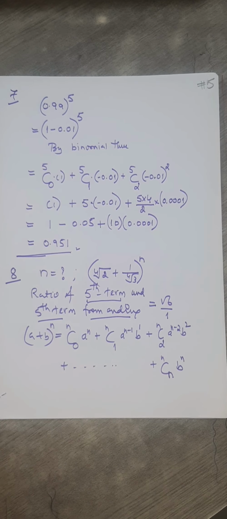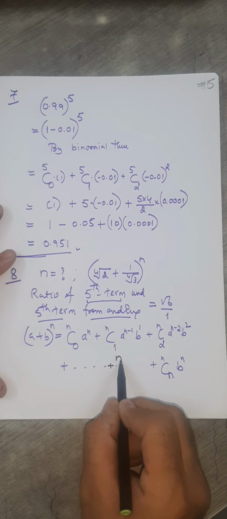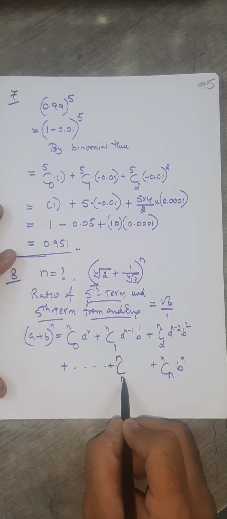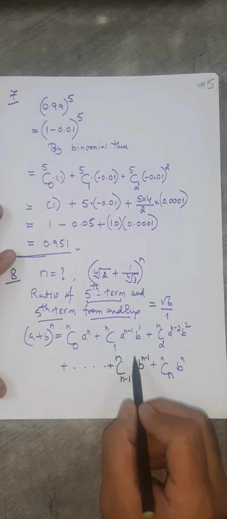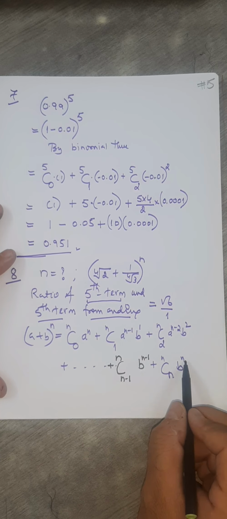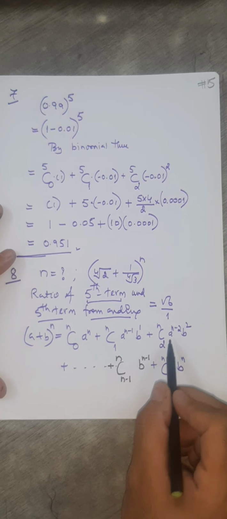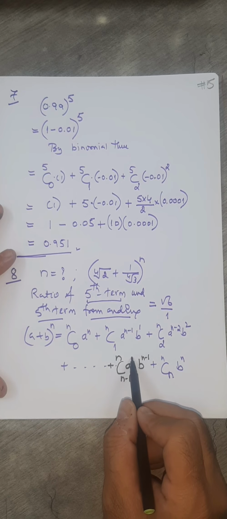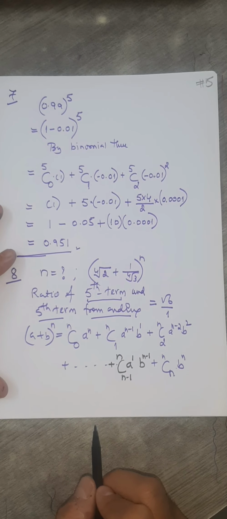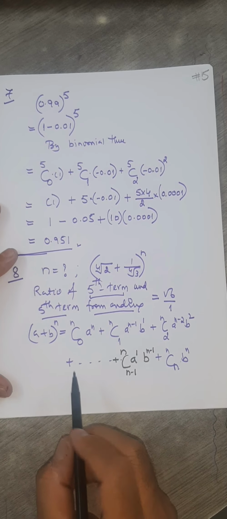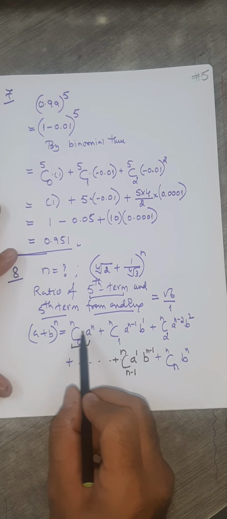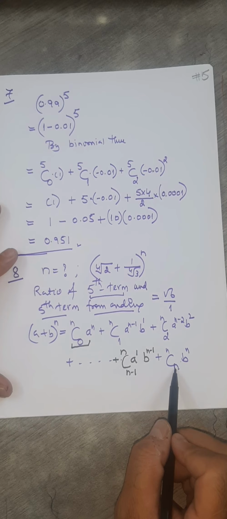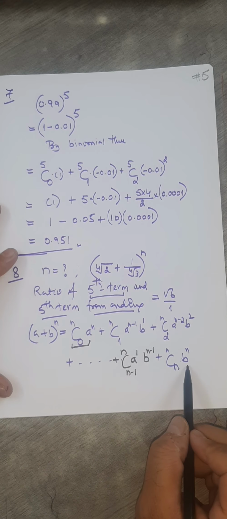Let me write the second last term here. If I write the second last term, ncn minus 1. Here power of b will be n minus 1. Power increases n minus 1 and then. And what about the power of a? It will be just 1 because here it is 0. Fine. Now you observe, in the first term you have nc0, ncn, and here a raised to n, b raised to n.